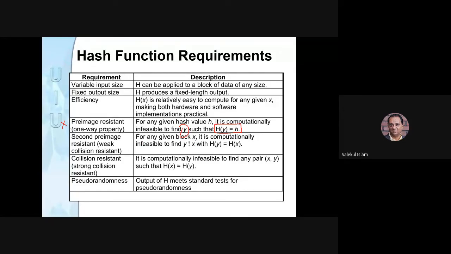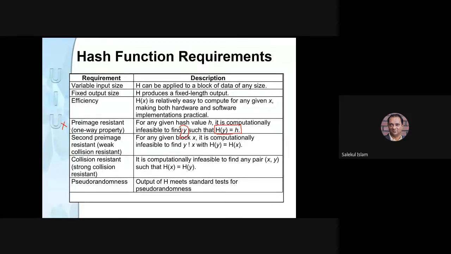Here I am not giving any hash value; I am giving the message itself. So I am giving the first message, and the first message is, okay, just wait for a second.